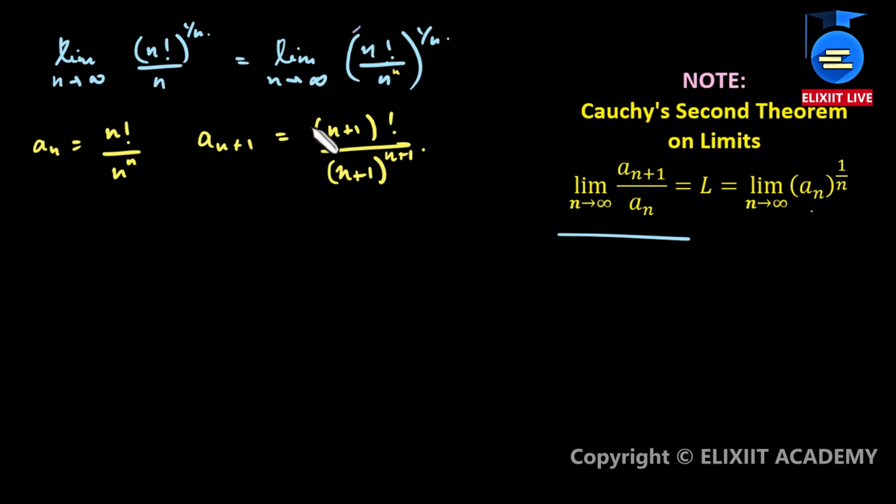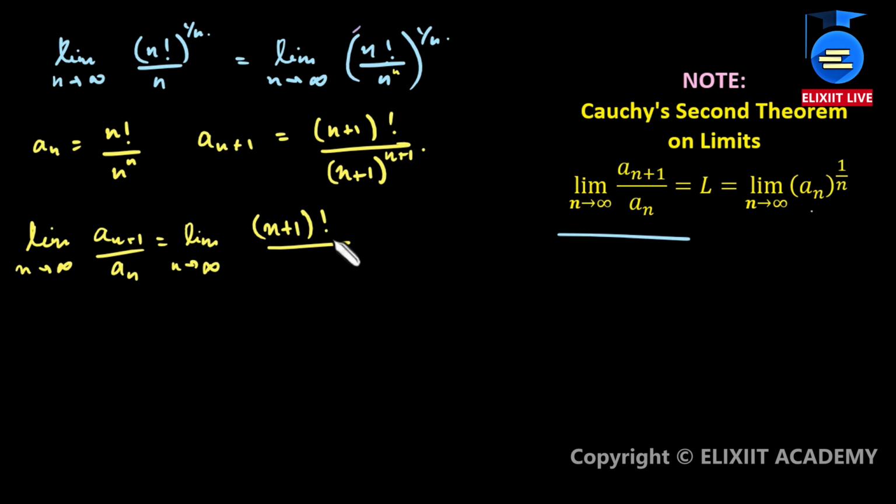Now we find the limit as n tends to infinity of a(n+1) upon a(n), which is n plus 1 factorial upon n plus 1 whole to the power n plus 1, upon a(n). Dividing by a(n) means we can write it as n to the power n upon n factorial.